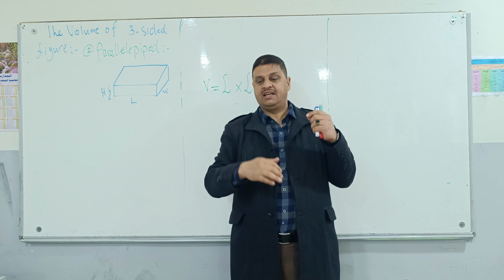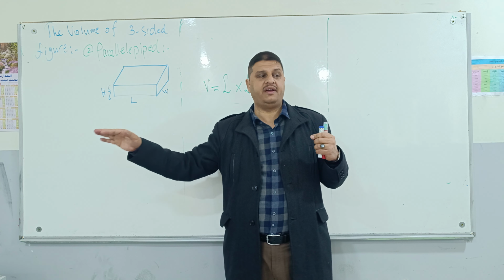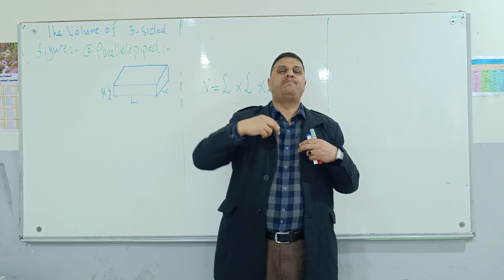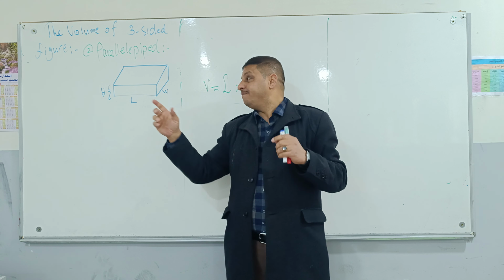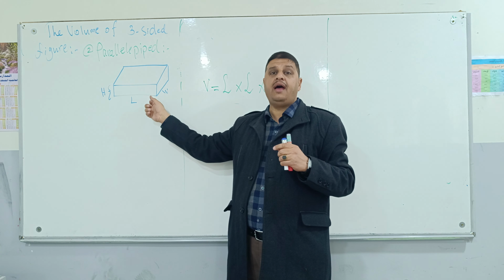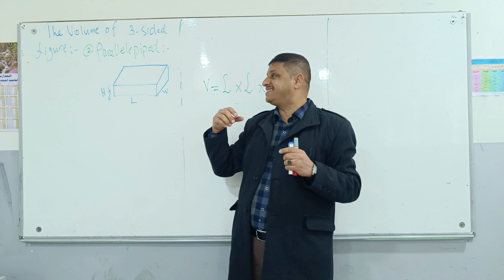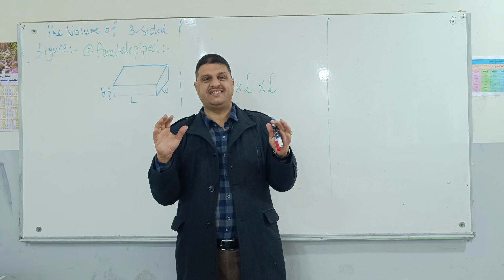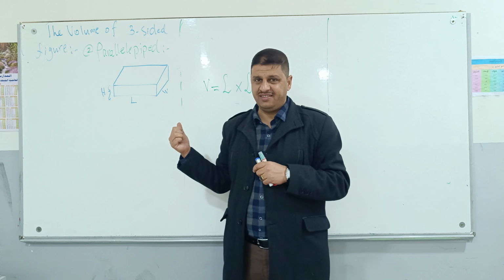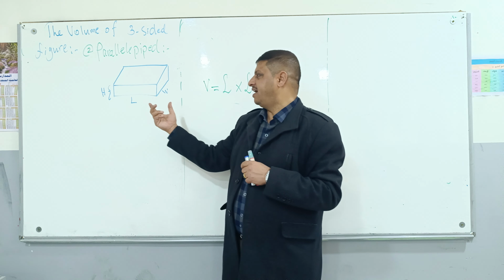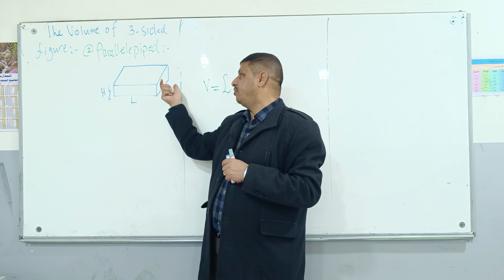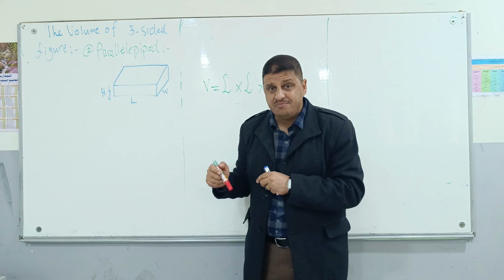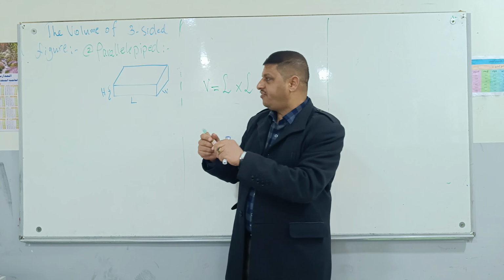Three dimensions: length of the base, width of the base, and the height. But the difference between the parallelepiped and the cube is that in the cube all its sides are equal. But in this shape, the length is different from the width, different from the height. Thus, by the same way, I will find the volume of it.